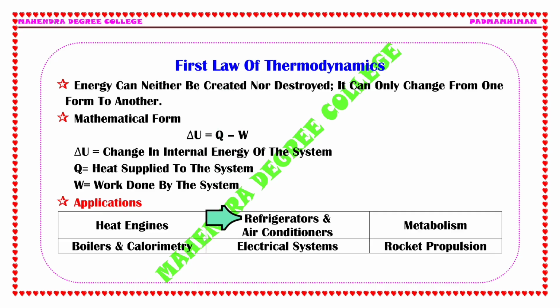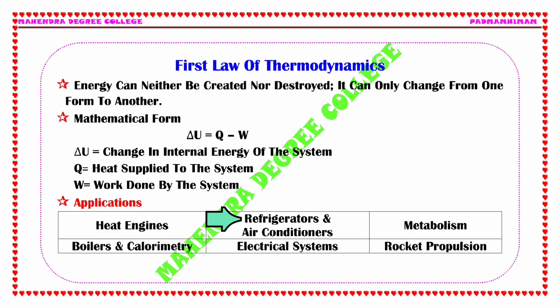Second one, refrigerators and air conditioners. In refrigerators, external work is done by the compressor. This work helps transfer heat from the cold body to the hot body.